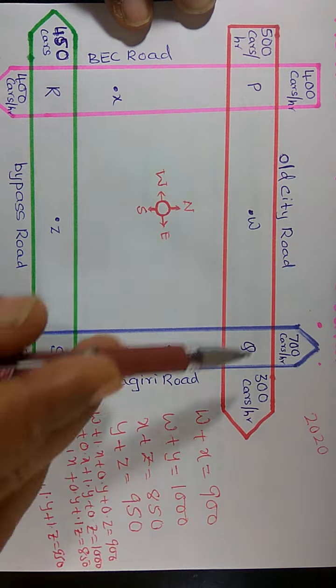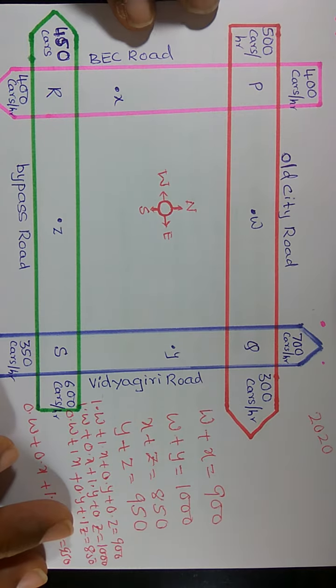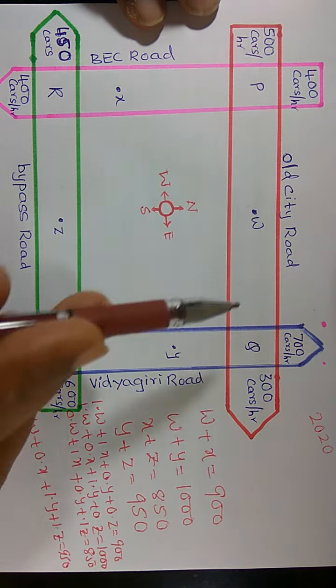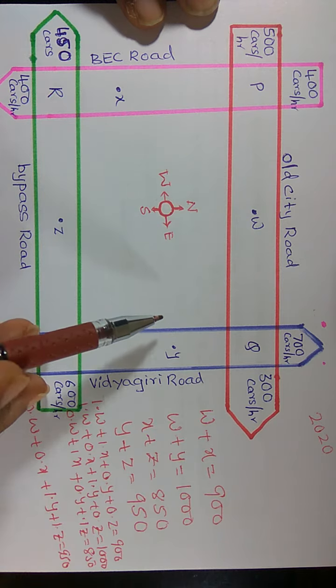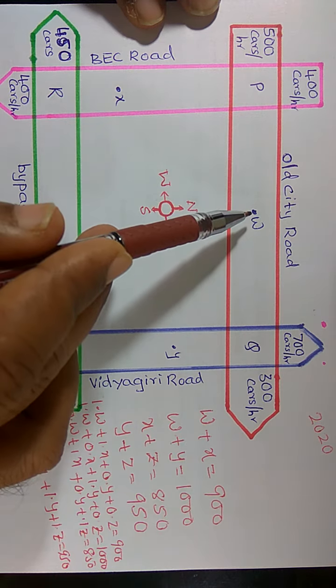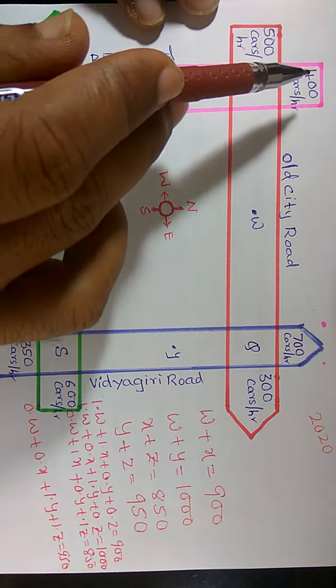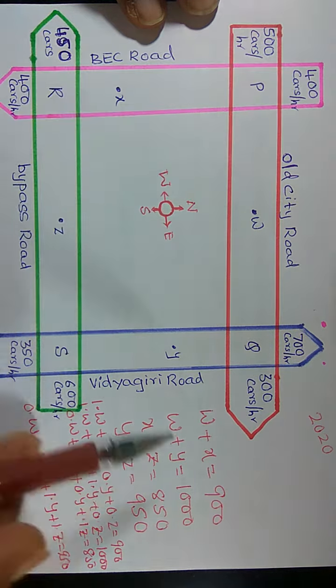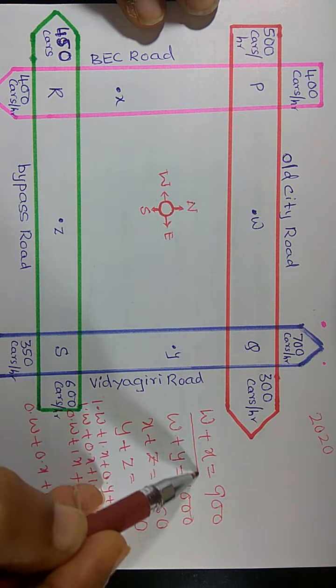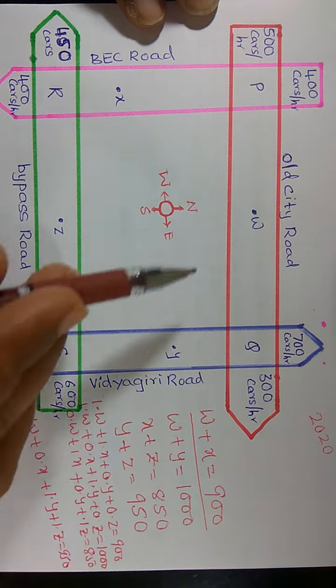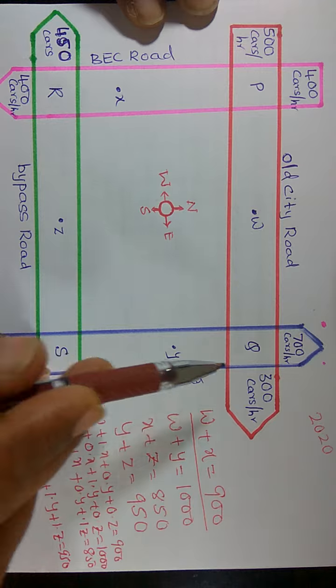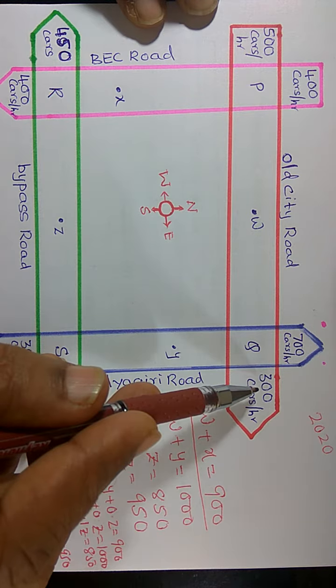Now this physical problem can be converted into a linear system of equations. I can write down a linear system of equations. W plus X is equal to 500 plus 400, which means 900. What I have written here: W plus X is equal to 900. Similarly, W plus Y is equal to 700 plus 300, 1000.